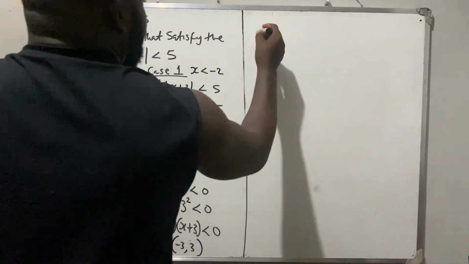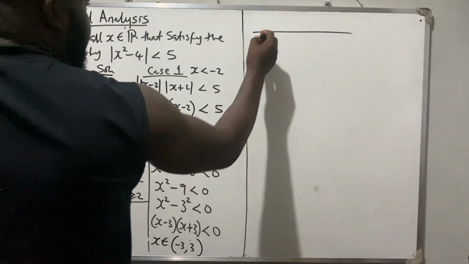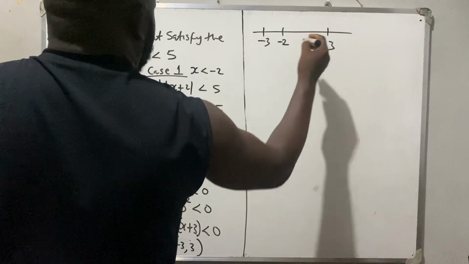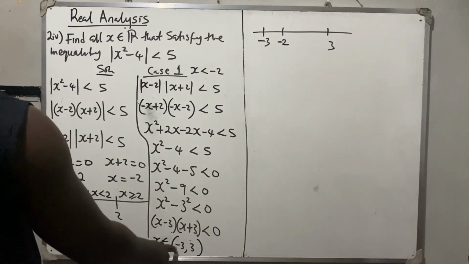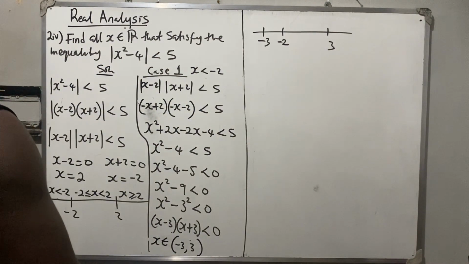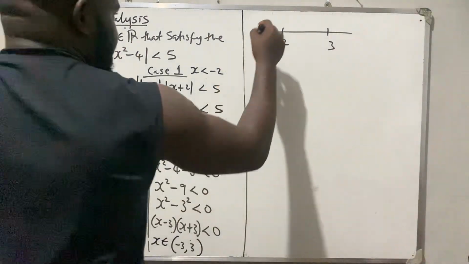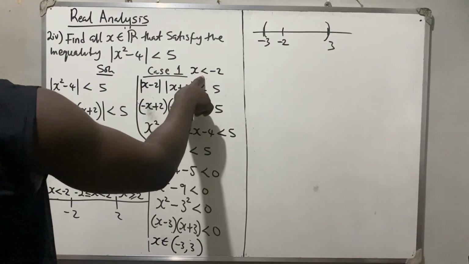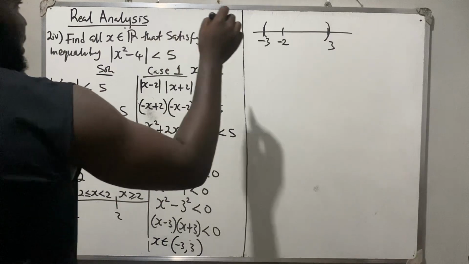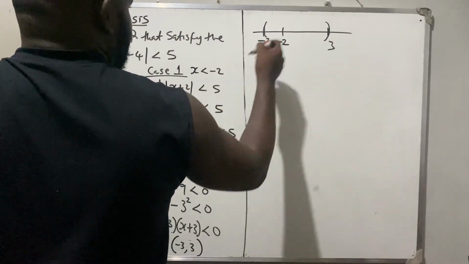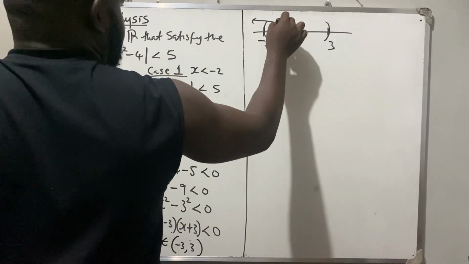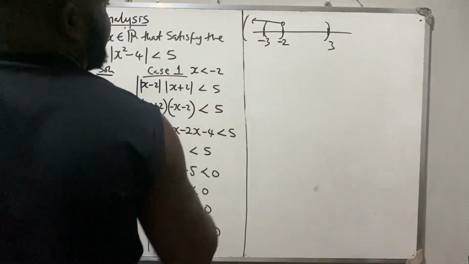So let us draw the two of them. We have -3 here, we have -2 here, and then we have 3 on this side. For this one we have this going this way, open bracket of this, and then negative infinity somewhere here.